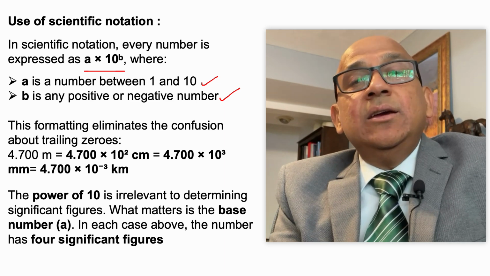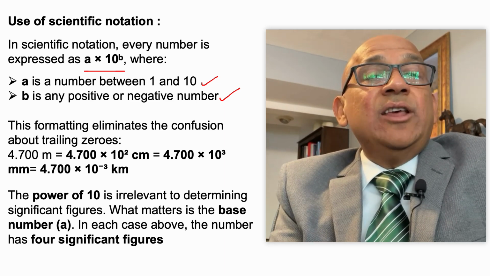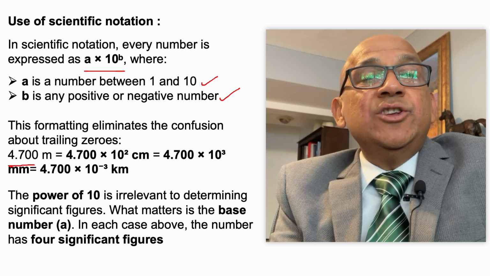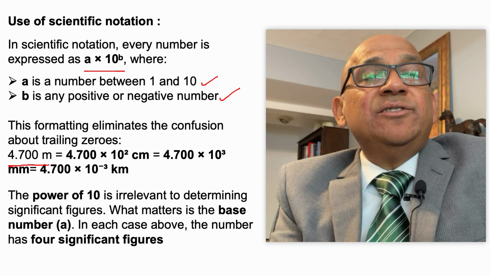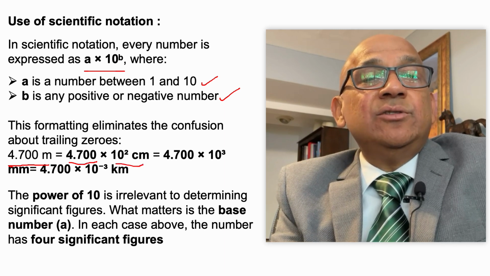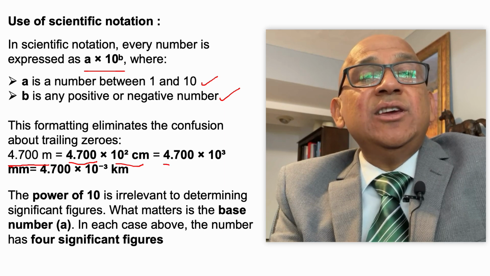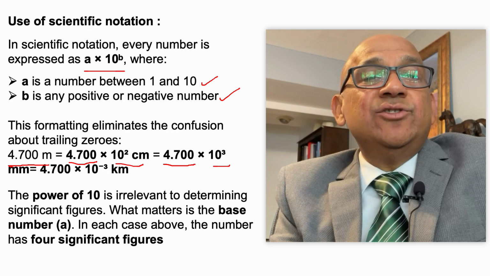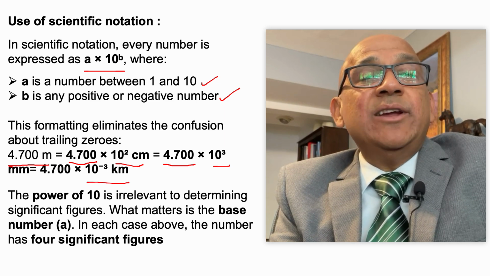This formatting removes the confusion about trailing zeros. For example, 4.700 meters, if I want to convert it to centimeter, I will just write 4.700 times 10 to power 2 centimeter. Similarly, in millimeters, I will just keep 4.700 times 10 to power 3 millimeter. And similarly, in kilometers, 10 to power minus 3.